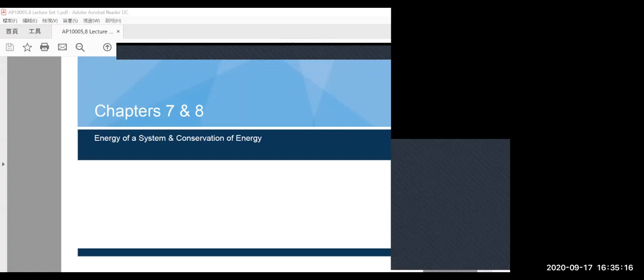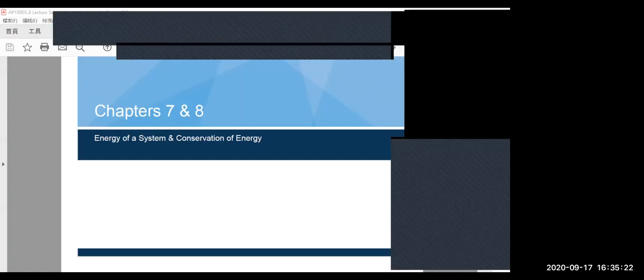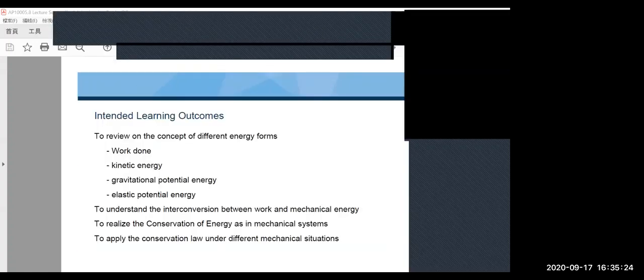But all the discussions about energy will start from work done, and that is the fundamental concept related to energy. So we will start from the discussion of the work done before we quickly look at the equations of the kinetic and gravitational potential energy. And we will put more time on the elastic potential energy.